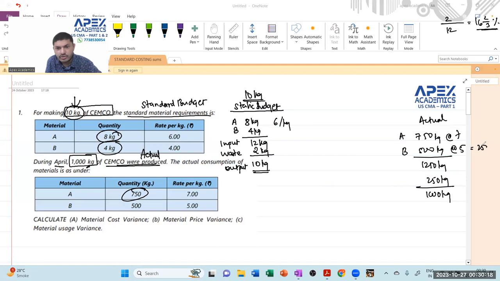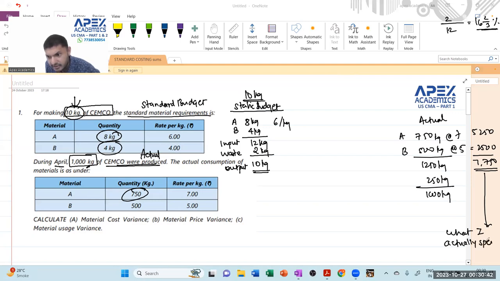So this is 2500 and 750 multiplied by 7 is 5250. So I required 5250 plus 2500, which is 7750 worth of cost of material. This is what I actually spent on materials.